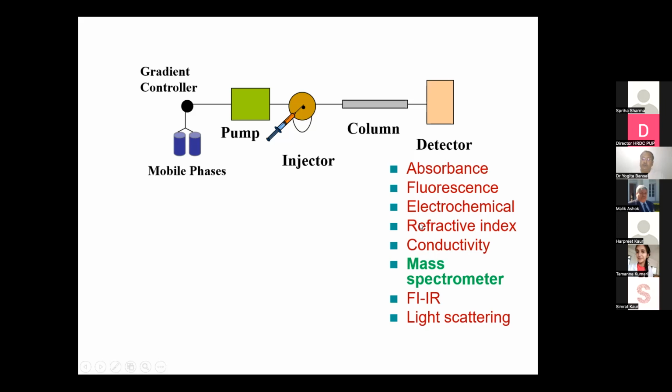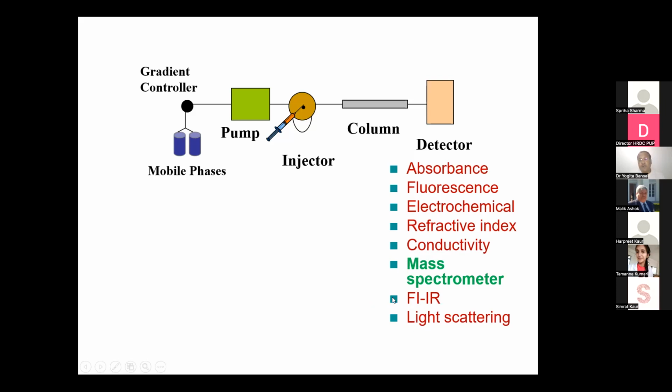So like sugars, cycloalkanes or saturated alkanes, they are detected by the refractive index detector. Conductivity is again used for those components which exhibit some conductivity, so this is particularly for metal ions. And FTIR is used for organic compounds which have specialized functional groups.